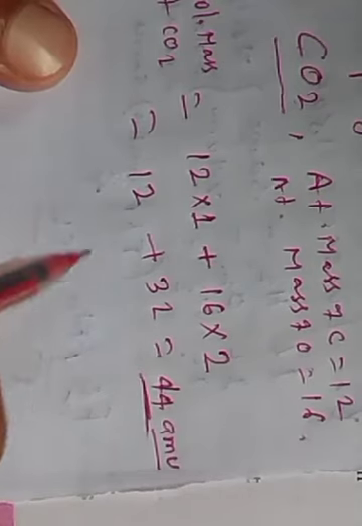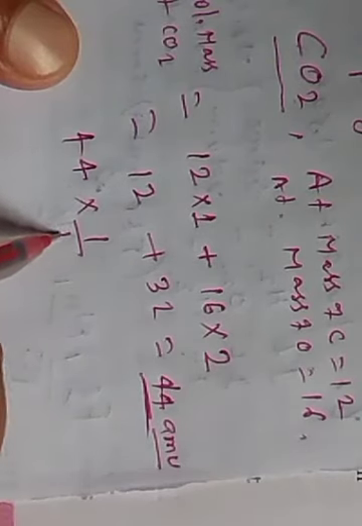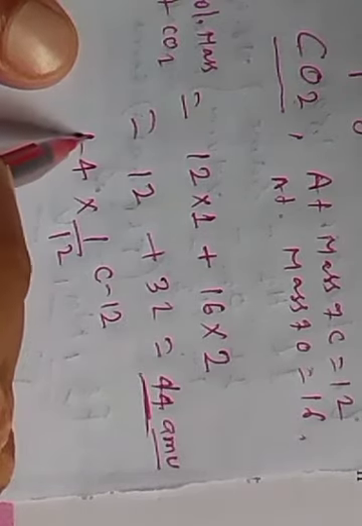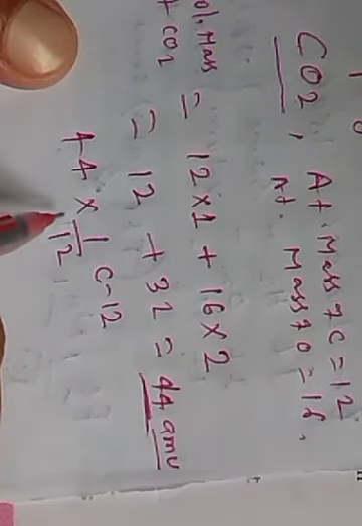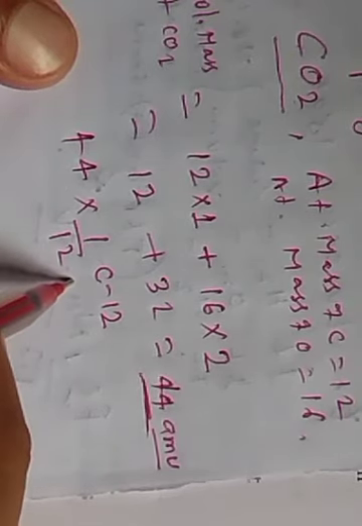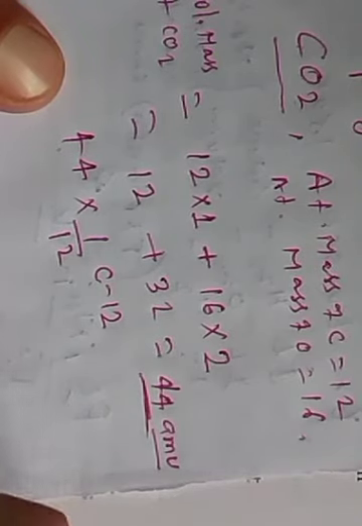It means that CO2 is 44 times heavier than the 1 by 12th of the carbon 12 atom.